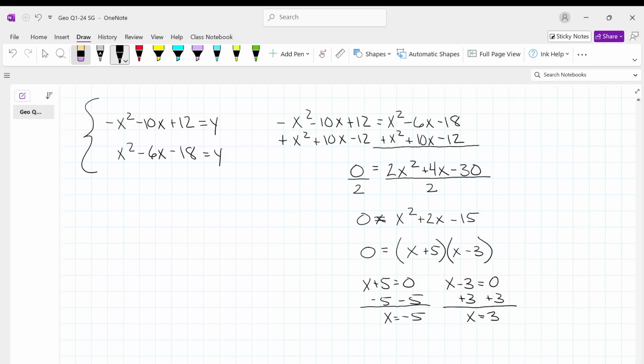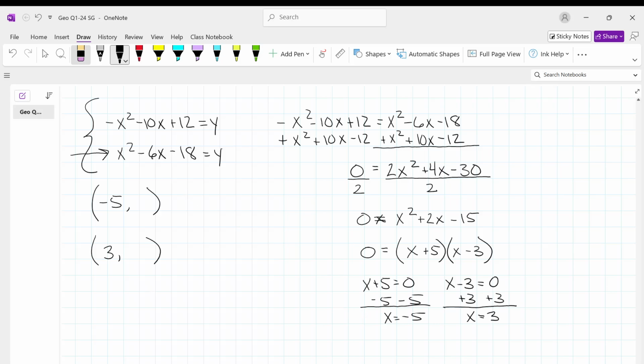All right, and then we're going to take our x values and substitute them into one of these equations, and I'm going to substitute into this bottom one again because the x is positive. So I've got a -5 that needs a y value and a 3 that needs a y value.